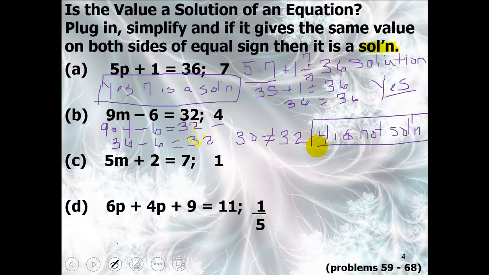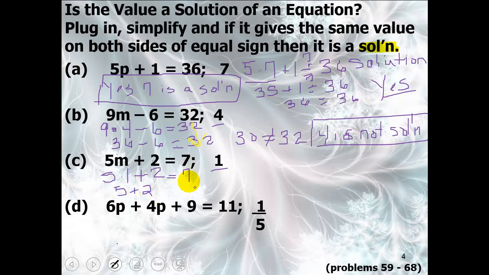Why don't you hit pause and try C and then come back and see if you got it right. Okay, welcome back. I'm checking the value of 1 in 5m plus 2 equals 7. So I'm going to plug in 5 times 1 plus 2. 5 times 1 is 5, plus 2.